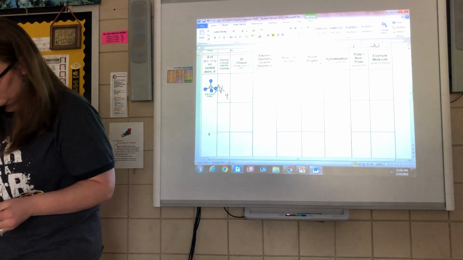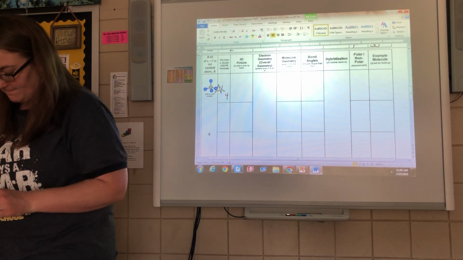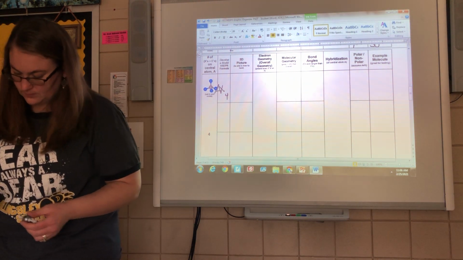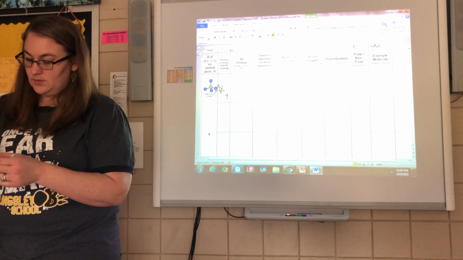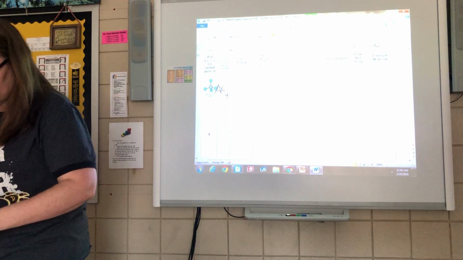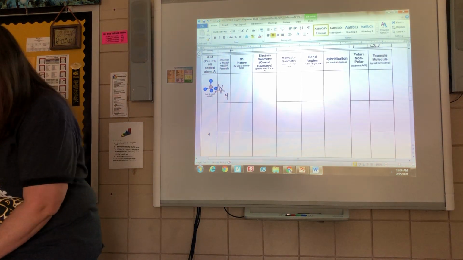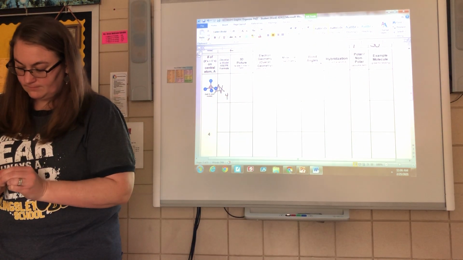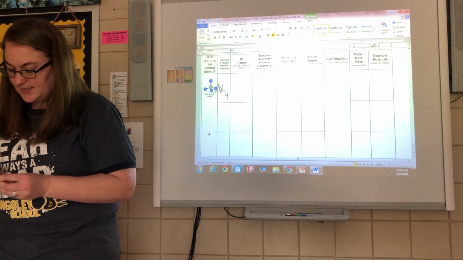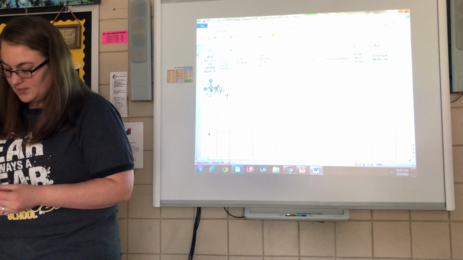This is where we use the black one as the central atom, because our goal is to space them as evenly as we can.